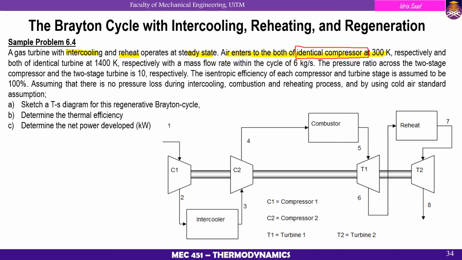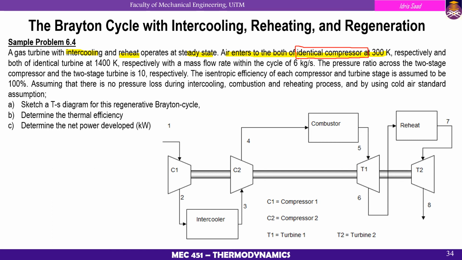So whether 10 or 100 identical compressors, you just calculate one compressor and then multiply, because the power is the same.